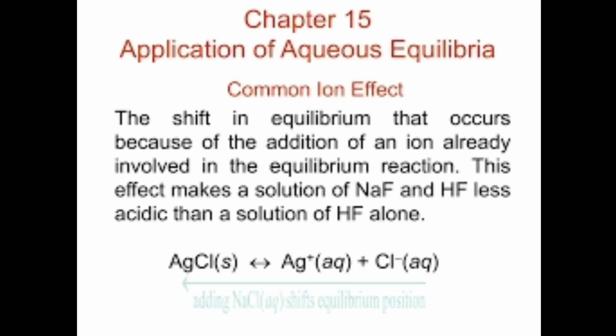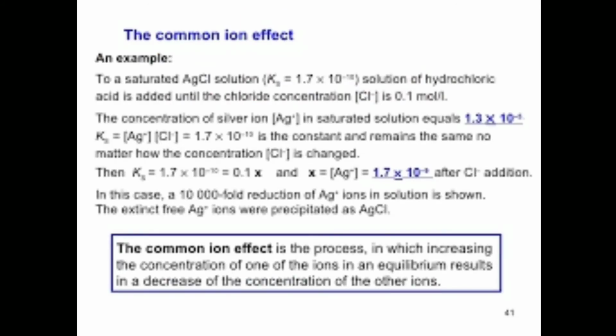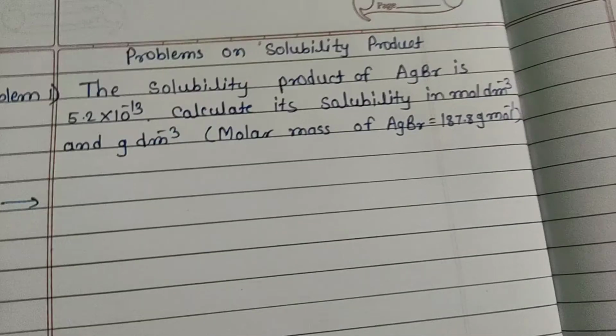The value of Ksp, that is the solubility product, remains the same. It is an equilibrium constant. The solubility of a sparingly soluble compound thus decreases with the presence of a common ion in the solution.